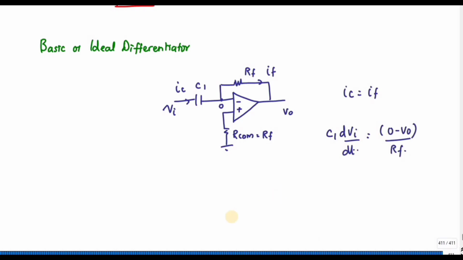So I can now write what V naught is. V naught is equal to minus RF C1 dVi divided by dt. So you can see V naught is the differentiation of the input voltage multiplied by RF times C1, and that is a negative value.